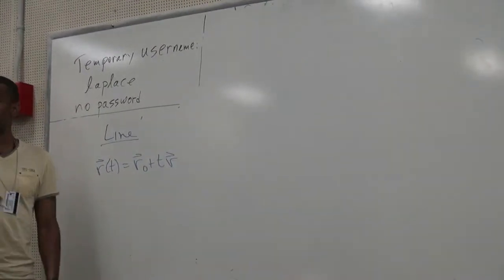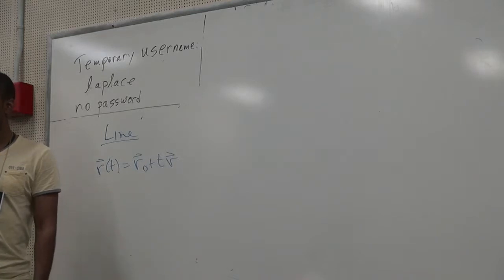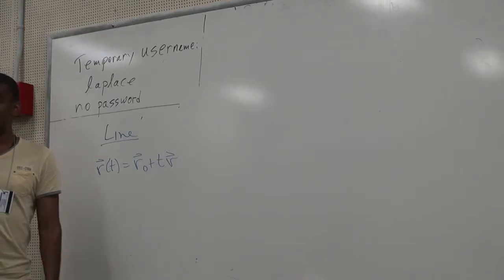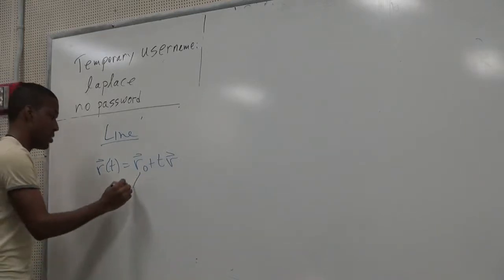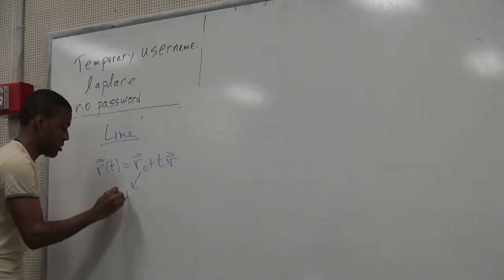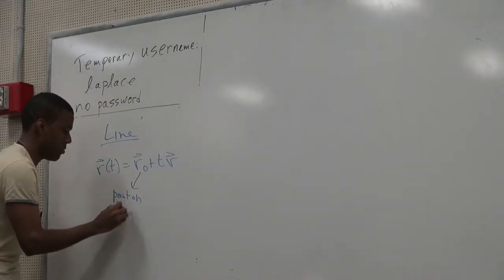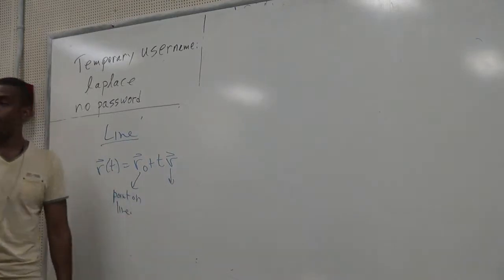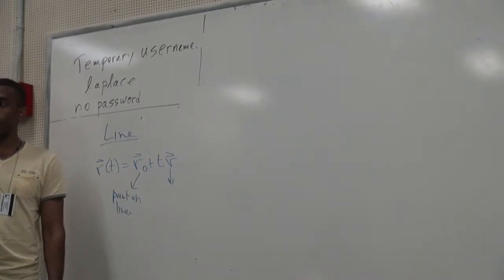And r naught is what? r naught is the location vector of a point on the line. Right, this is a point on the line. And this is a vector parallel to the line.